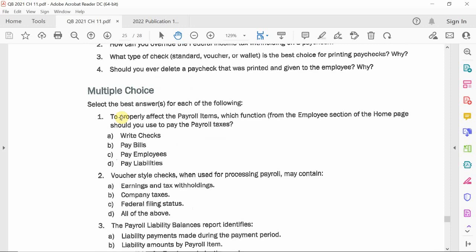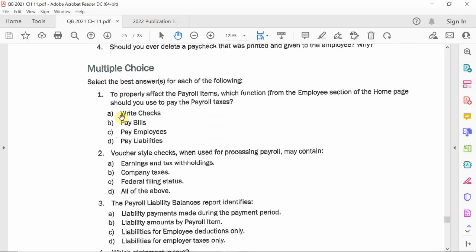This is straightforward. D. You use pay liabilities, right? Again, in the employee section, there's only 3 things you can do: enter time, pay employees, pay liabilities, and last but not least, if you have it, you can use file forms. But in this case, very small section, very easy, very straightforward. So if you want to pay taxes, click pay liabilities.